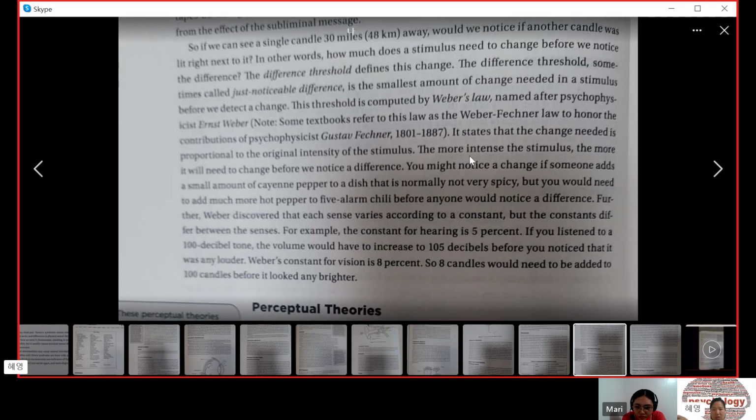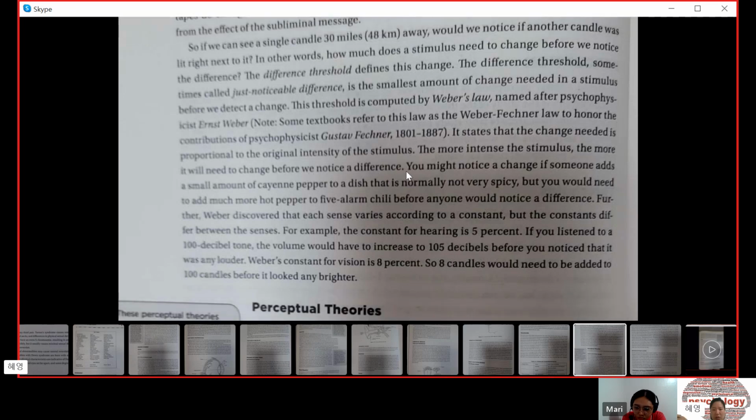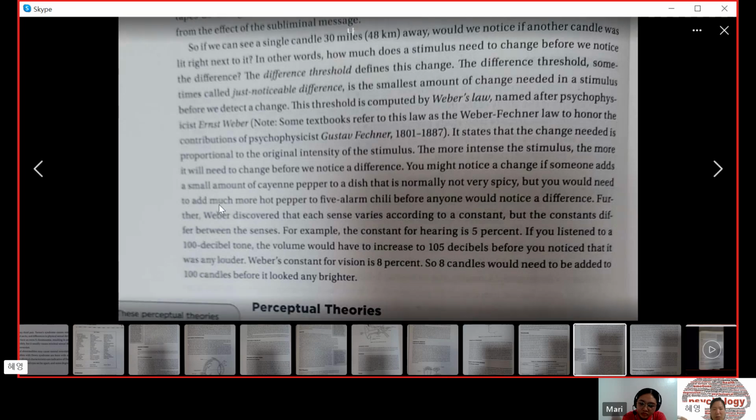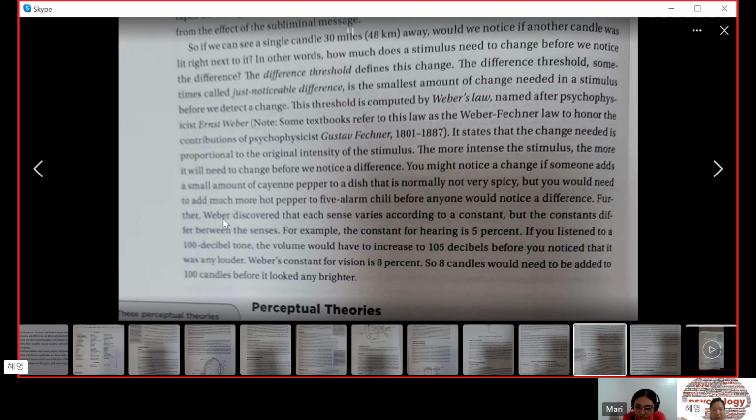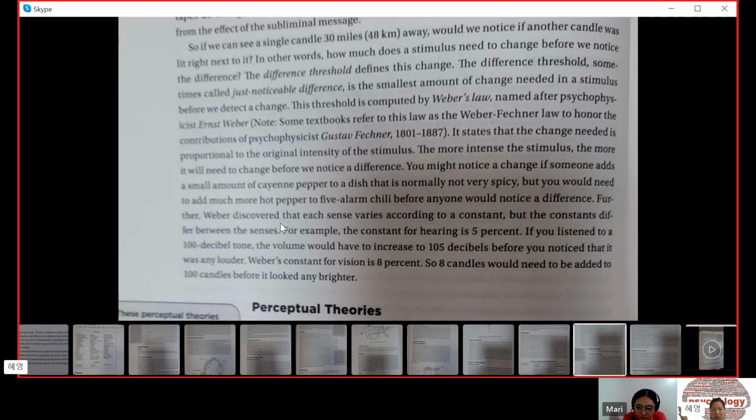The more intense the stimulus, the more it will need to change before we notice a difference.